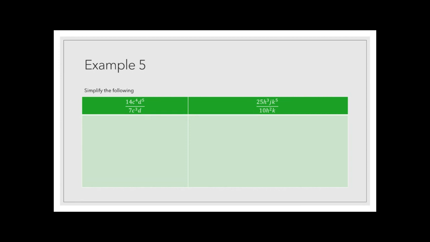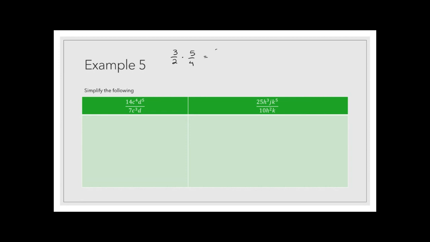So just like with the multiplication, I'm going to put the things together that are similar, that have the same letter, or like our numbers, like the 14 over 7. The thing about when you have fractions is you can split them up. Let's say I have 3 halves times 5 to the 4th.